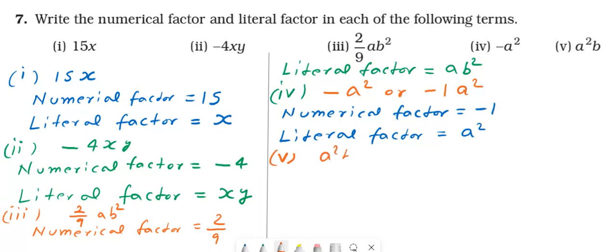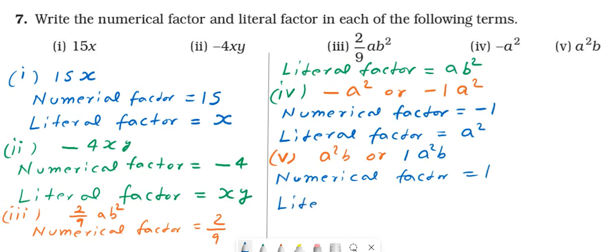Beta, a square b can be written as 1 a square b. Here the numerical factor is equal to 1 and the literal factor is equal to a square b. I hope everything is clear.